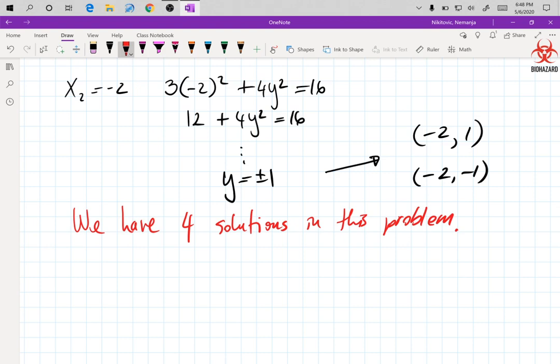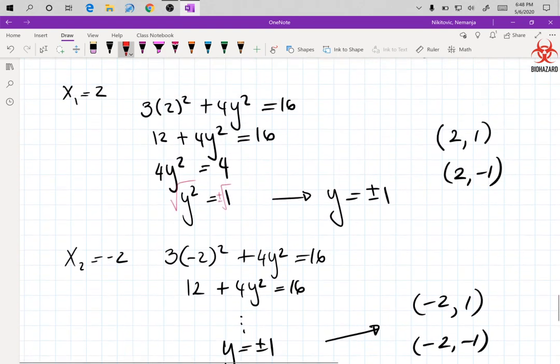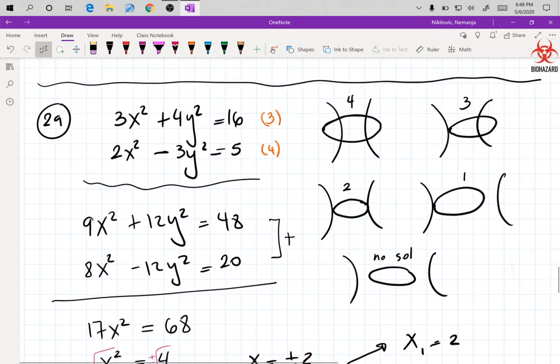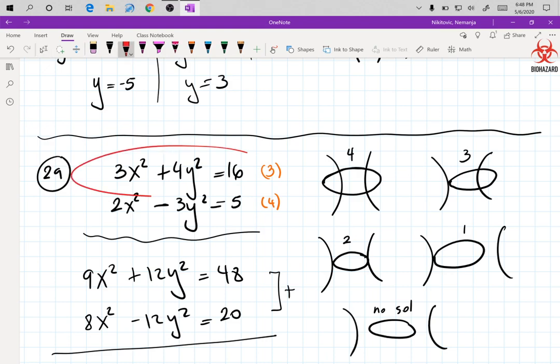Where are you getting 3x squared plus 4y squared equals 7? That's the statement of the problem. These equations here are where we multiply by 3 and 4 to get ready to kill the y's.